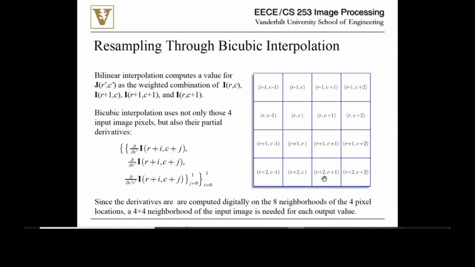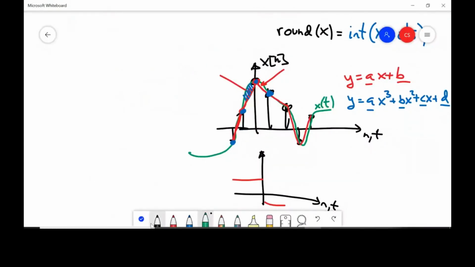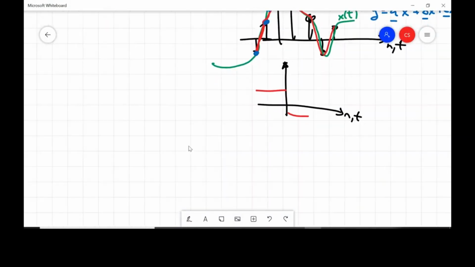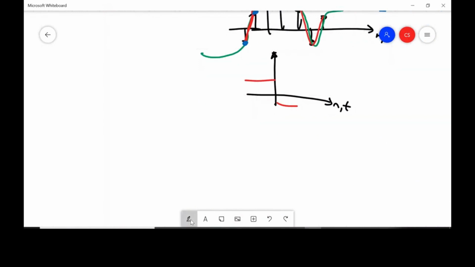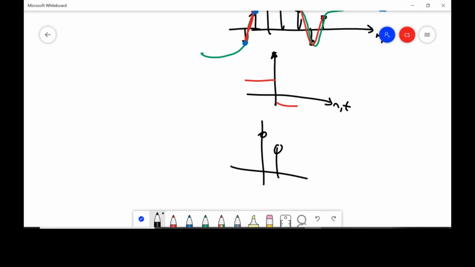Okay, so we already know this. We did this when discussing the edges. So let's say I have a signal like this. I always do the examples in one dimension because they are easier to draw, but the same concepts apply to any other dimension.